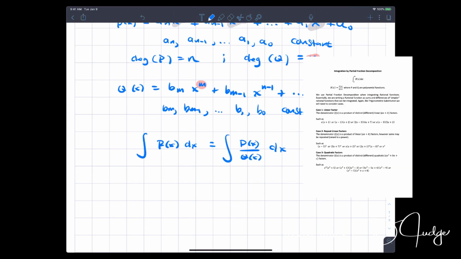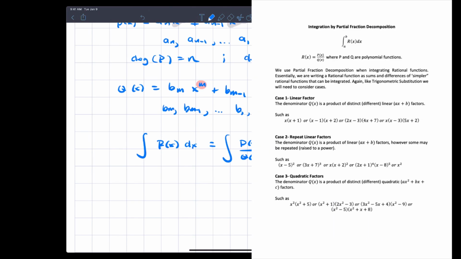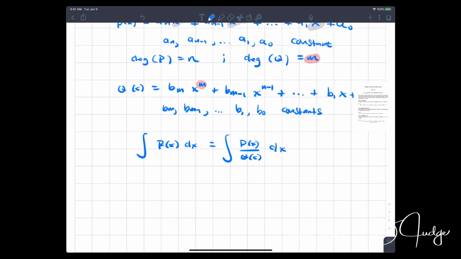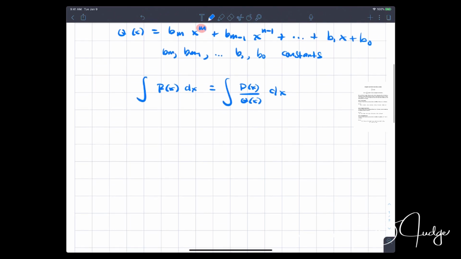So this is what we started with in our notes: integration by partial fraction decomposition. Let's get to the reason why, or give you an example of why we would use this technique. But before we do that, let me point out something important.